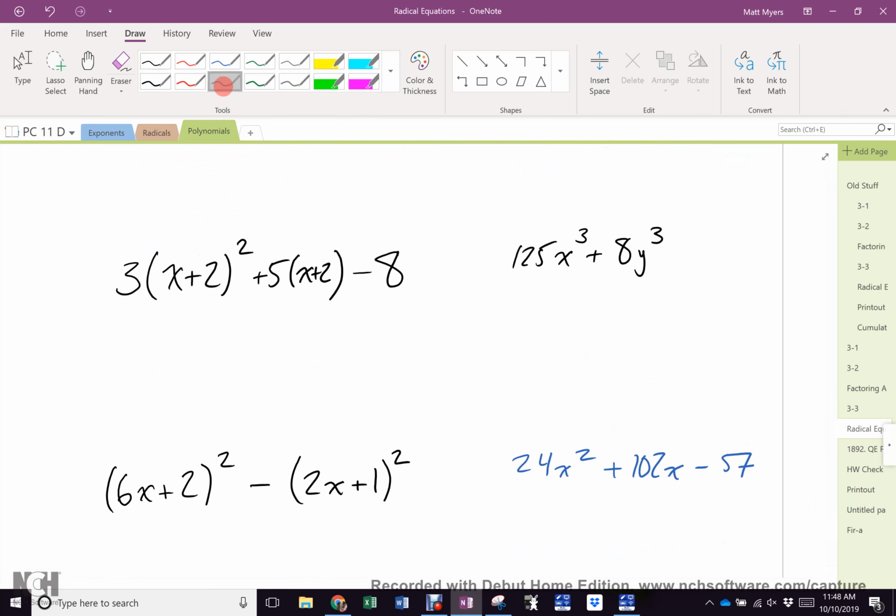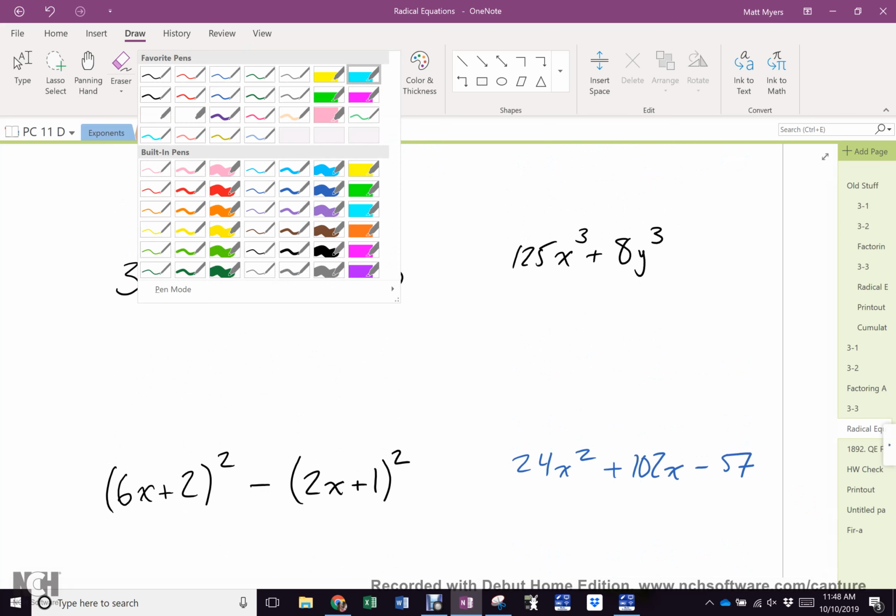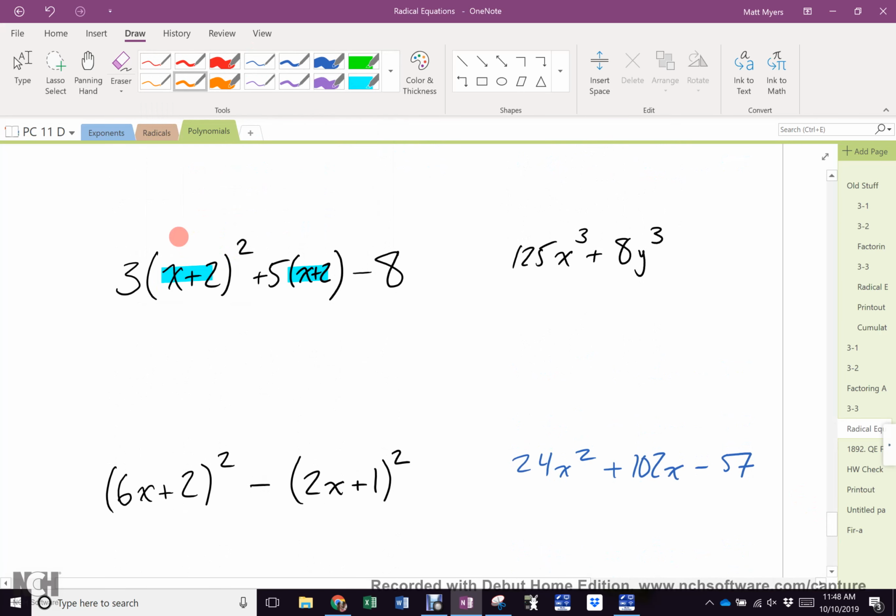This is the one I was just showing many, many times. Since that and that are the same, it's exactly as if that was just an x. So I got to multiply to negative 24 and add to 5. It is, of course, 8 minus 3. So it is x plus 8 over 3 and x minus 3 over 3. Simplify, that becomes 1.